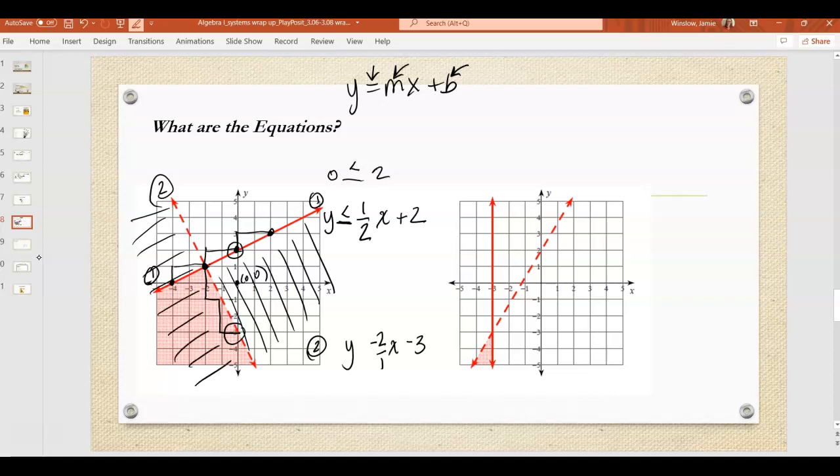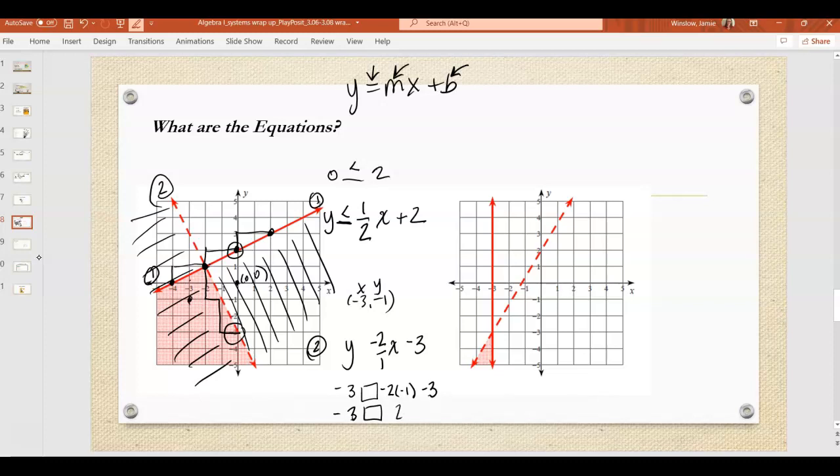So let's pick a point that is a solution. Anything, like -3, -1. If we plug in -3, -1 for x and y, we would have -3 and then -2 times -1 minus 3. I'm leaving this space here because I want to figure out which inequality to put.